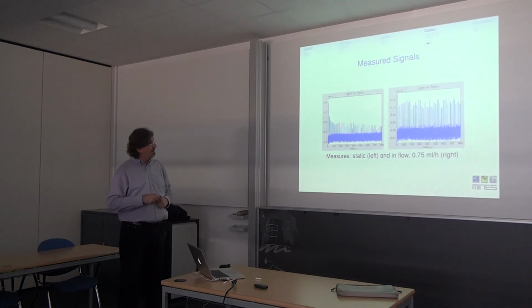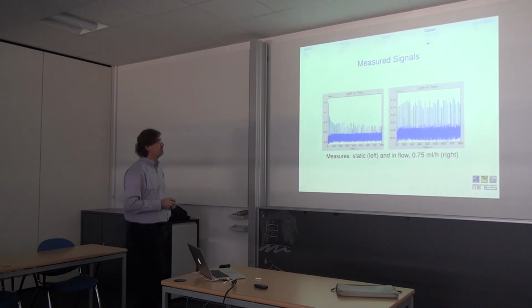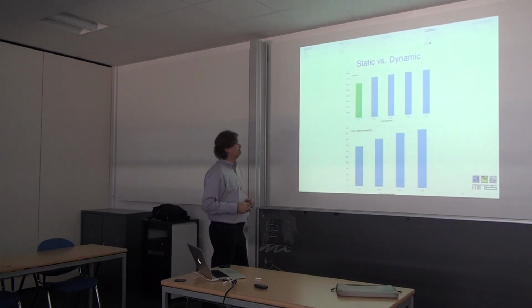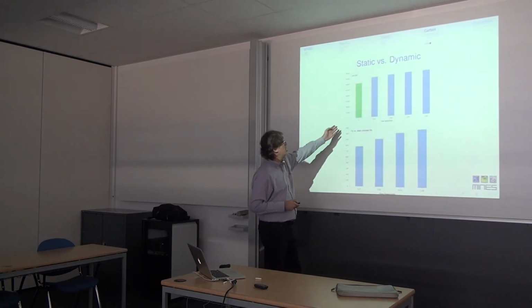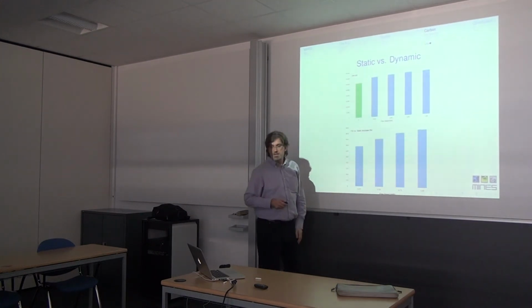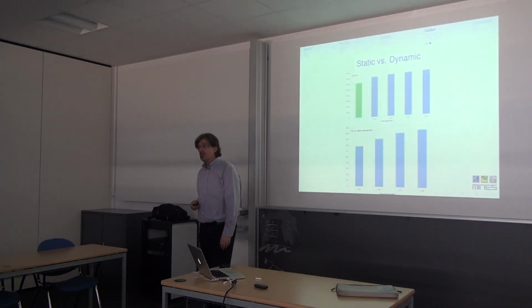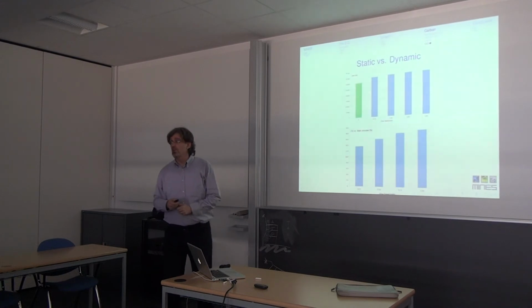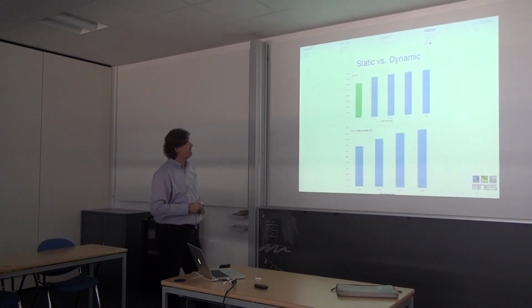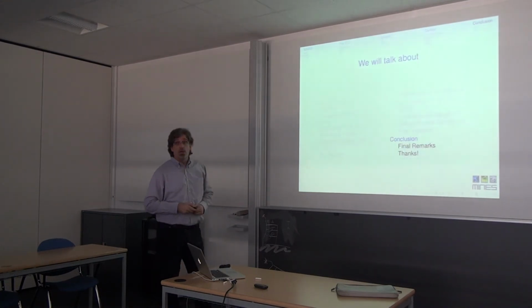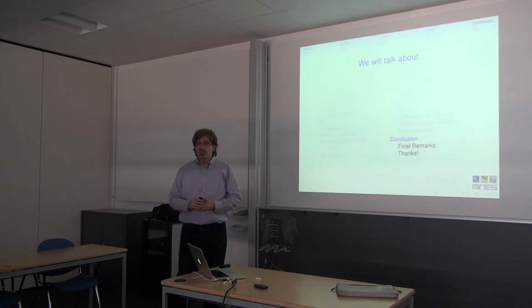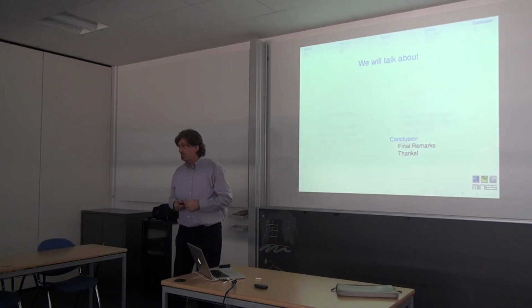And here you see you are losing the emission of the signal from this side. So it proves what we expect. You see here the increase in the signal to noise ratio because of the fluidics of the measurement in flow. So this is what we did.